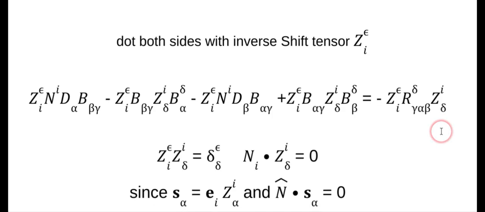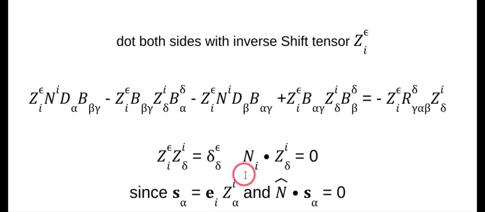Now, here is something that we found out in video number 1 and 2, I believe. The inverse shift tensor times the shift tensor is going to give you the Kronecker delta, right? So these I's contract out, and you get epsilon delta.